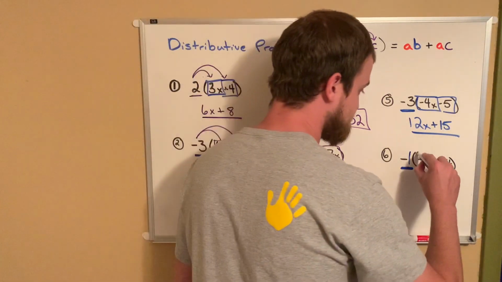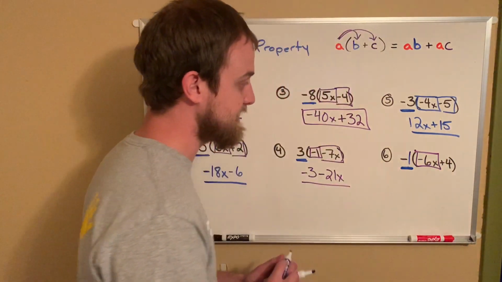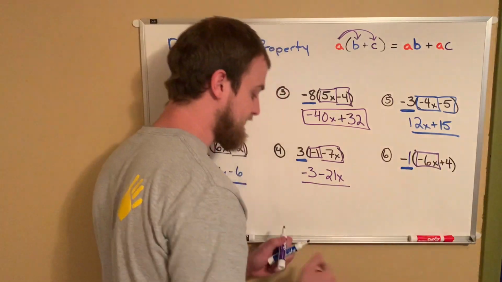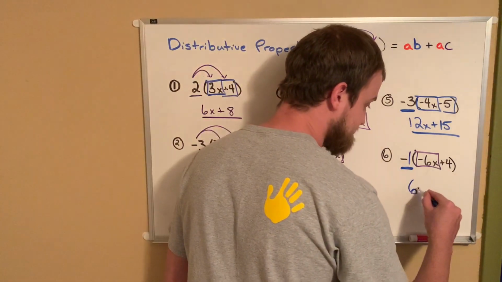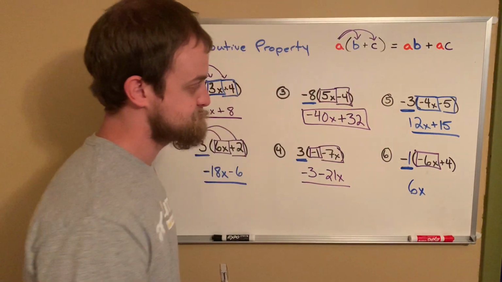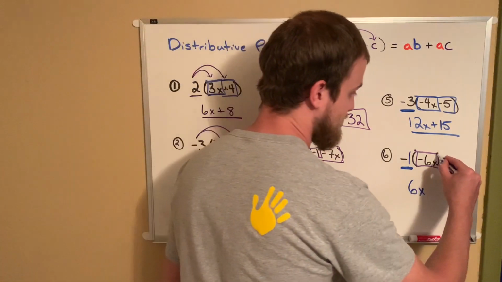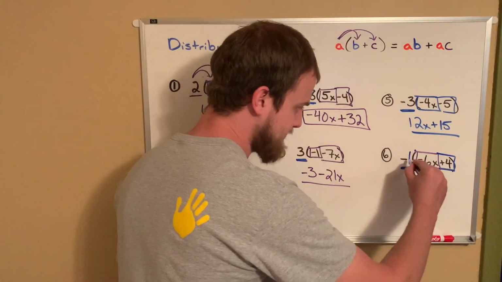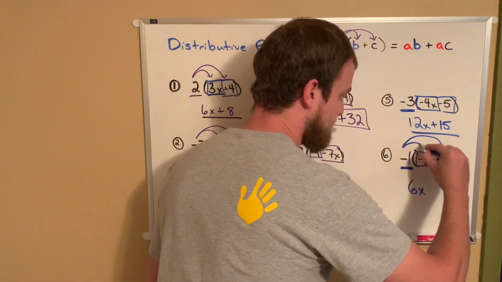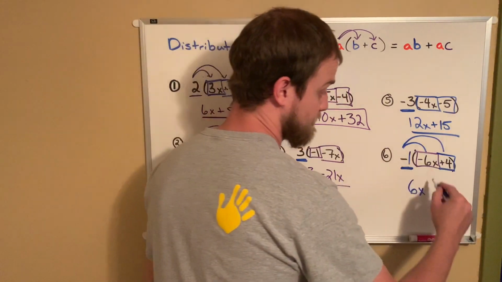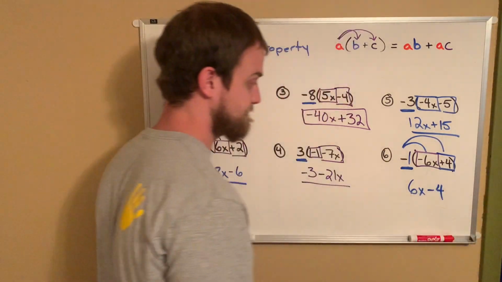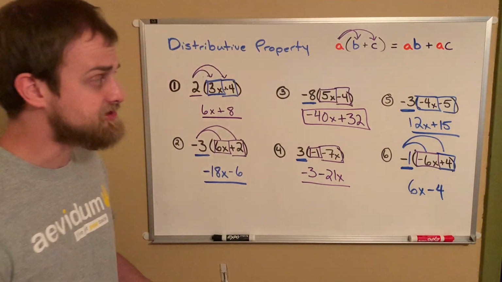Well, my first term is -6x. -1 times -6x is going to give me +6x. My second term is +4. -1 times +4 will give me -4. And we're done.